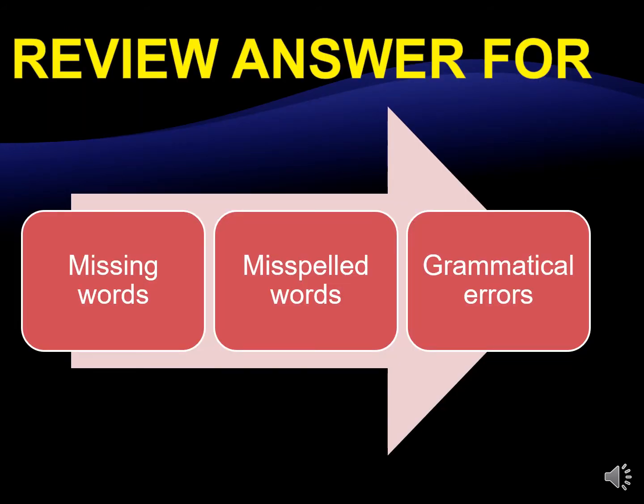Then, after finishing it, review your answer for missing words, misspelled words, and grammatical errors. When you review, it's not for the purpose of changing your answer entirely, because you're going to lose time if you do that. Instead, you merely look for missing words, misspelled words, and grammatical errors. That is why even before you write the first word, you must carefully reflect, considering, of course, the time limit that is available for you.